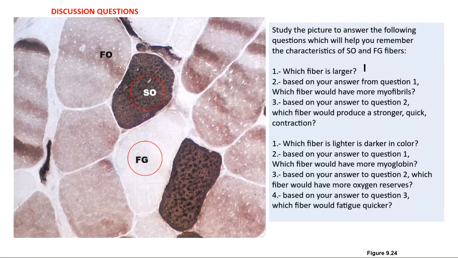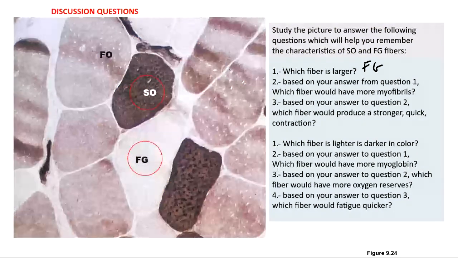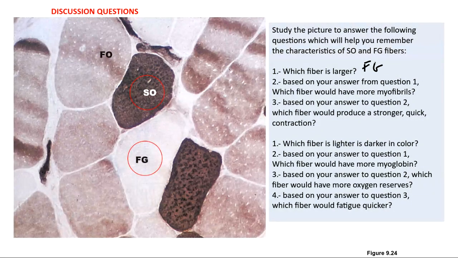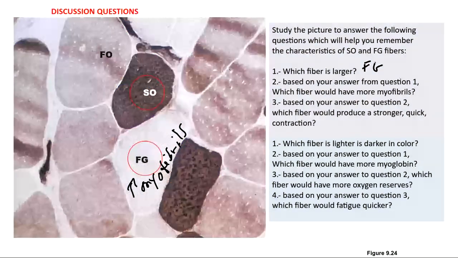And what comes from that is, based on your answer from question 1, which fiber will have more myofibrils? Because the larger the fiber, the larger the cell, the more myofibrils it can have. If fast glycolytic fibers are the larger ones, then they are the ones that are going to have more myofibrils. If the cell has more myofibrils, that means a stronger contraction.